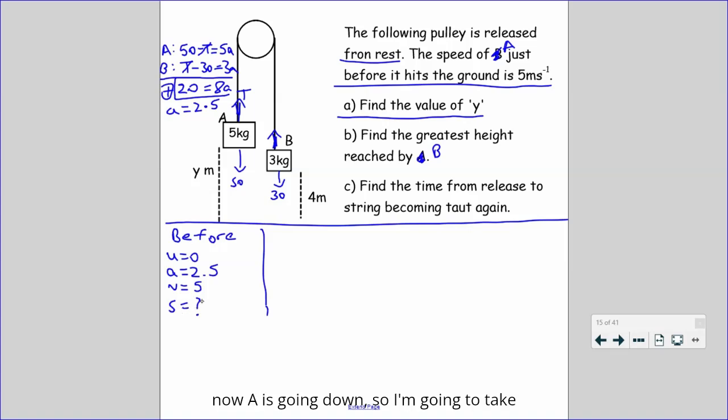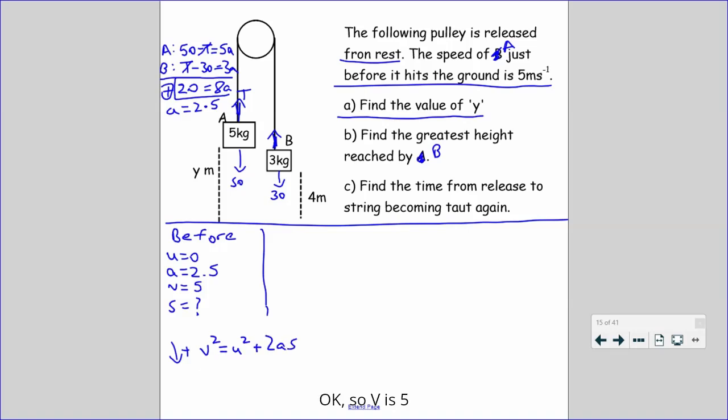Now A is going down, so I'm going to take down as positive. And which formula from SUVAT uses all of these? So V is 5 and 2 times A times S.